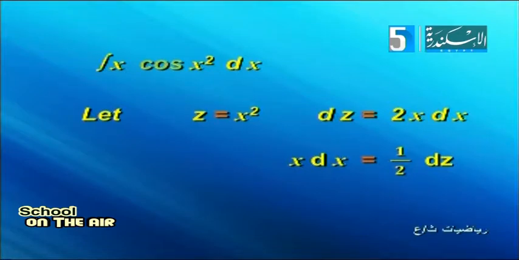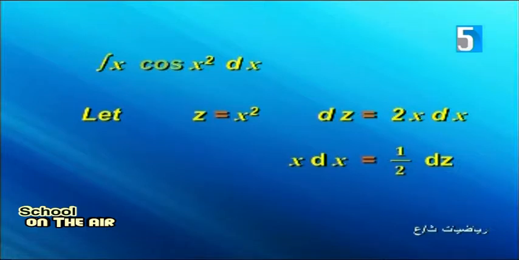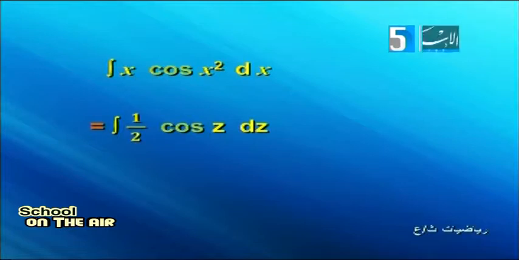Now we use the substitution method. Then the integration of x cosine x power 2 dx equals the integration of half cosine z dz. The integration of cosine z dz equals sine z.